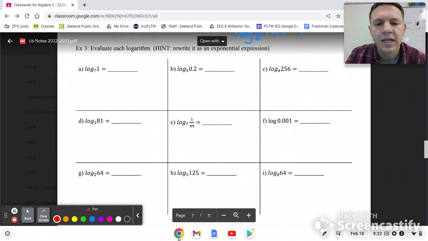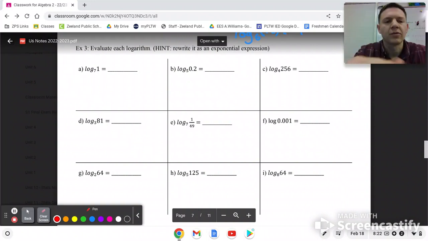All right, this last grid here is kind of the last examples for this lesson. It says evaluate each logarithm, and the hint is rewrite it as an exponential expression first. Logs are really hard to do in your head. Like, nobody can do that. But we can do regular exponent problems in our head. So let's switch these logarithms to exponential form.